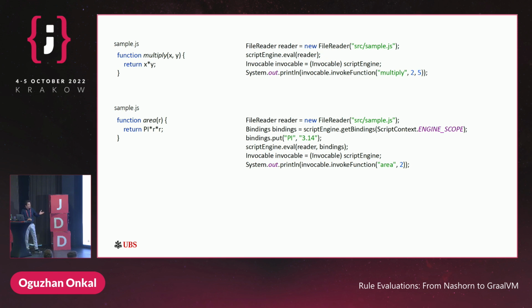So to actually pass that to JavaScript, you need to create these bindings. And bindings are also linked to the contexts. This context will pop up, or we will hear it a lot. So this context has links to global variables, which are called bindings.